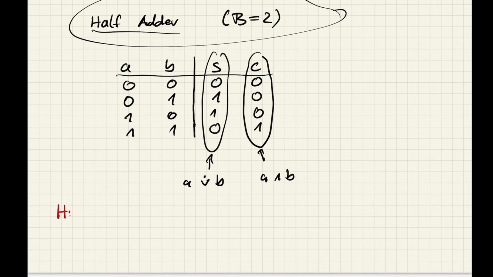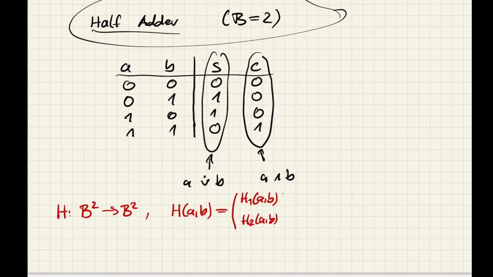So this is a Boolean function, let's call it h, and it's vector valued, it's mapping from b squared to b squared. Now if I have h of ab, this is vector valued with a component that I can call h1 of ab and h2 of ab. But like here in this table, I can also call the outputs just briefly s and c.